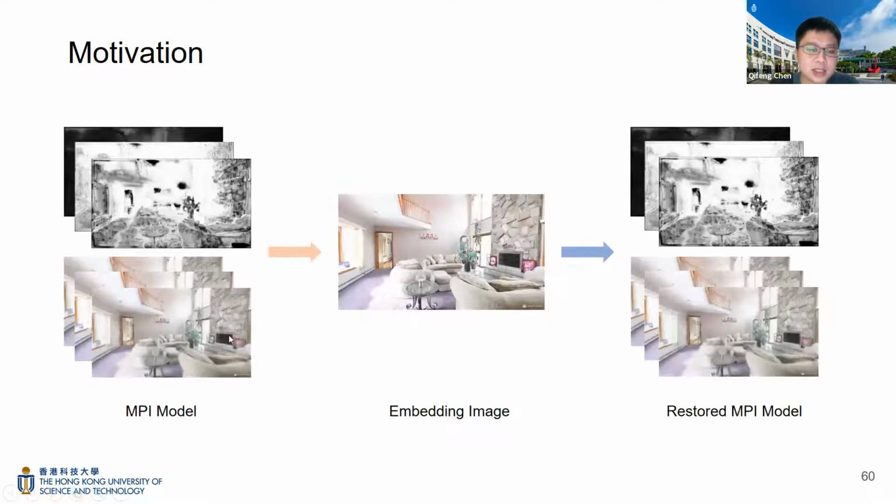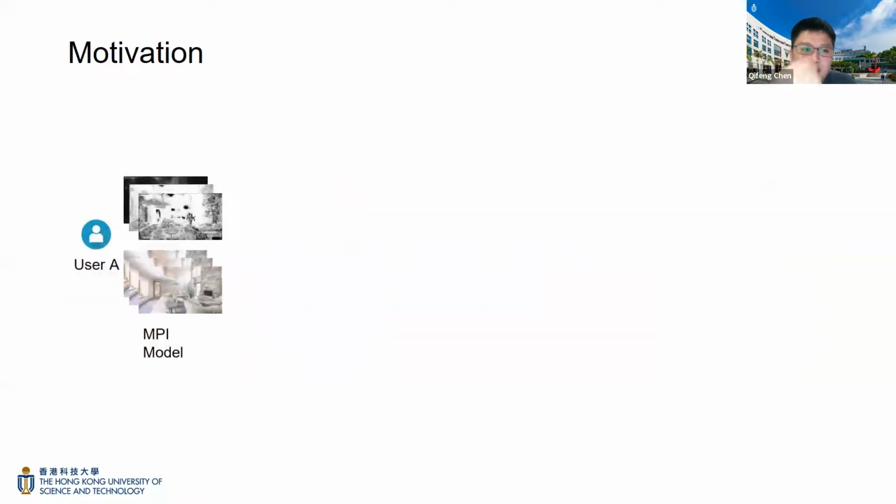So we consider a novel view synthesis model, MPI, and we want to embed 32 images in a single image, the embedding image, and at the same time we can reconstruct the MPI model. This sounds very challenging because we embed a total of 128 channels in a 3 channel JPEG image.